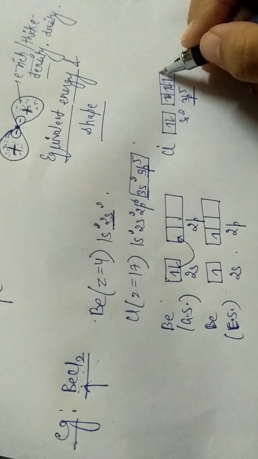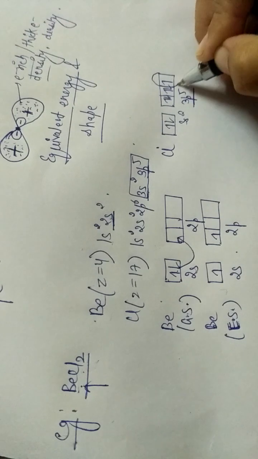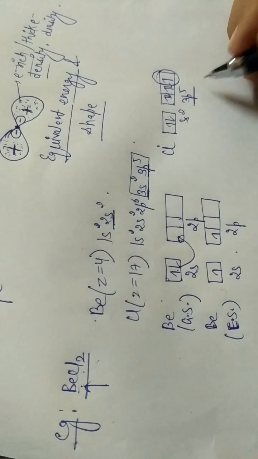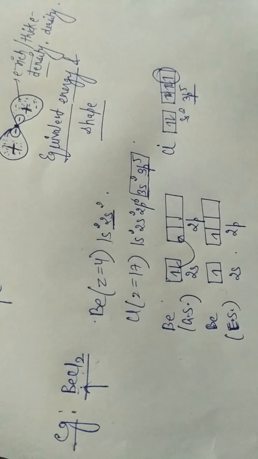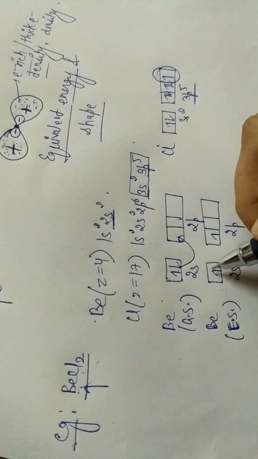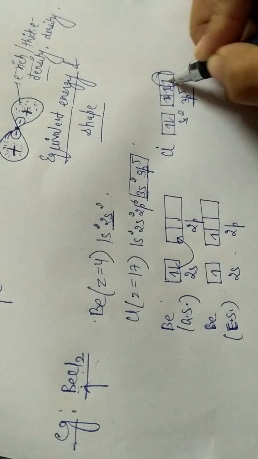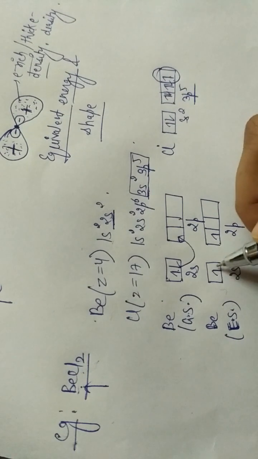In chlorine we can see that only one unpaired electron is present. So to complete its octet, it needs only one electron. So it can take that one electron from beryllium, and form bonds with beryllium.